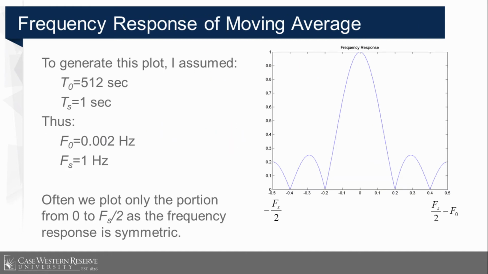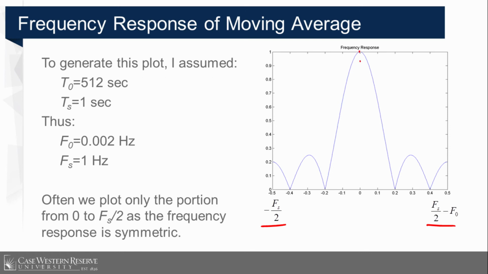Okay, so what you're seeing on the right-hand side is the frequency response for our order 5 moving average filter. So I've plotted our moving average filter in the frequency domain here from minus Fs over 2 to Fs over 2 minus F0.